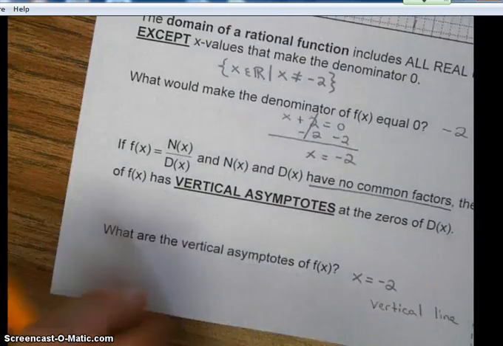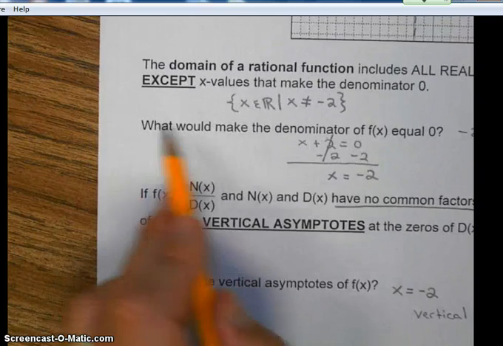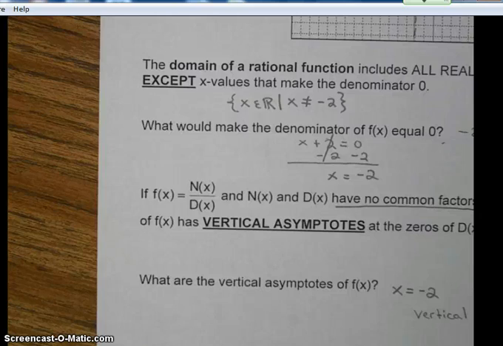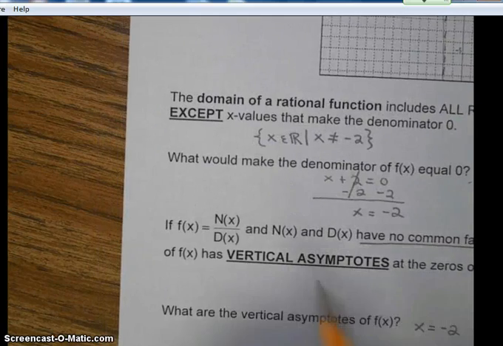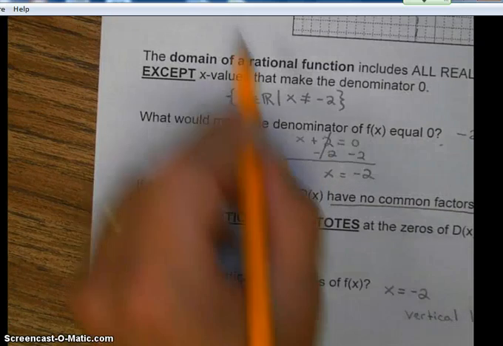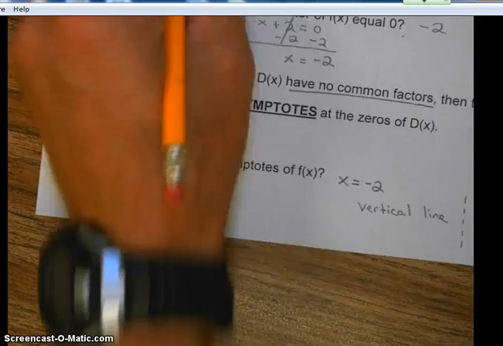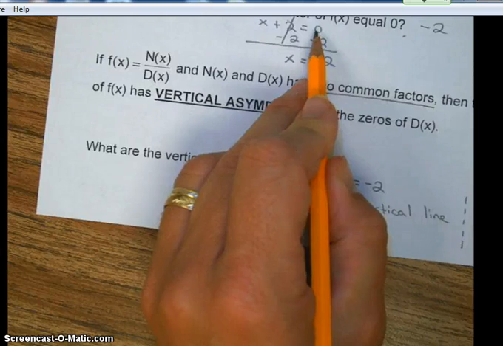If you look back at your notes, it says, what would make the denominator of f of x equal to 0? Remember how I took the polynomial in the denominator and set it equal to 0? That's what we want to do.